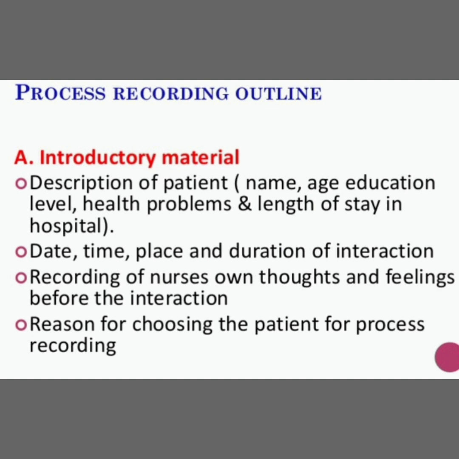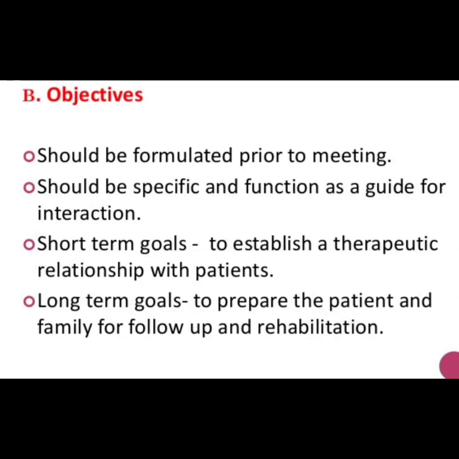After writing the introductory material in the process recording outline, you are going to write objectives: clearly stated goals, systematically and consciously stated before going near the patient for interaction. Before meeting the patient, you will formulate the objectives first. Why?